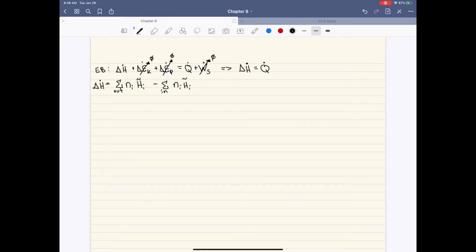Alright? And so, from our process, we know that the things going into the system include the methane and the air, and for things going out of the system, it's also just the methane and the air.